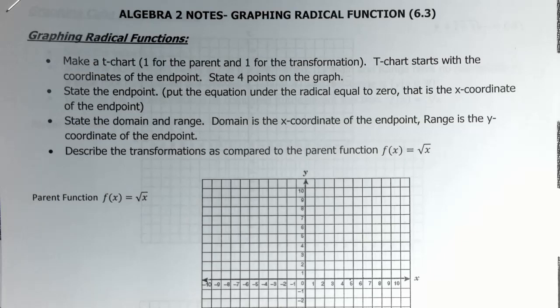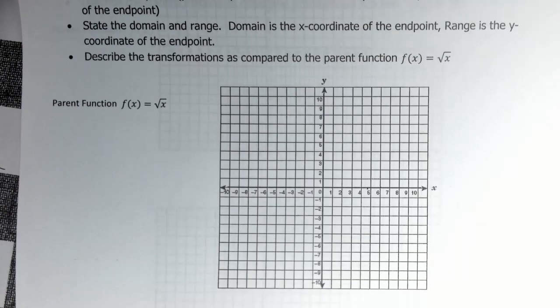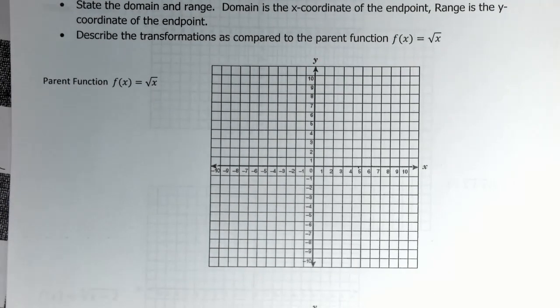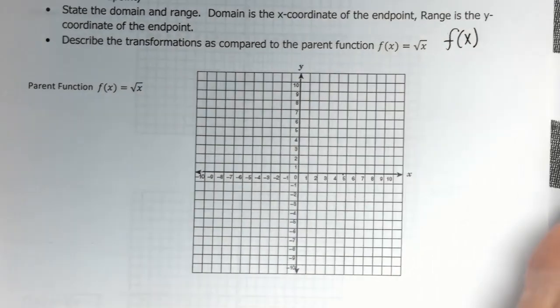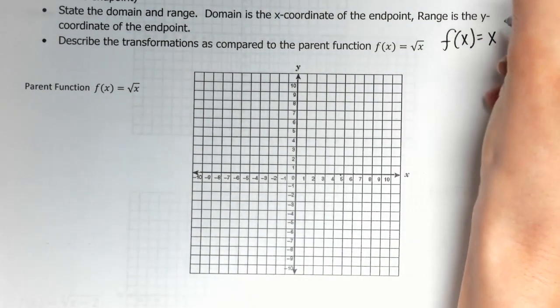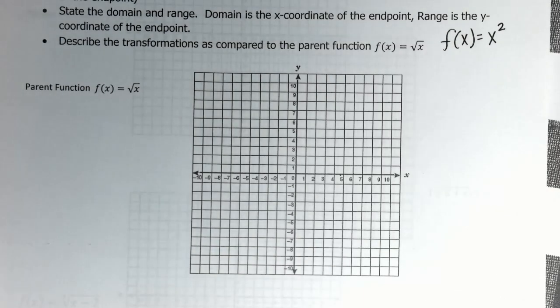Okay, so before we start, we're going to look at the parent function. f of x is equal to the square root of x. So this is the inverse of f of x equals x squared. Okay, so if you think about when we did quadratics, a little background, f of x is equal to x squared.